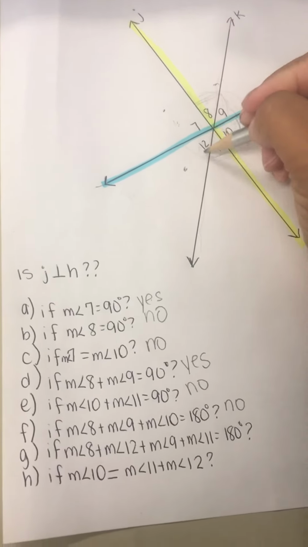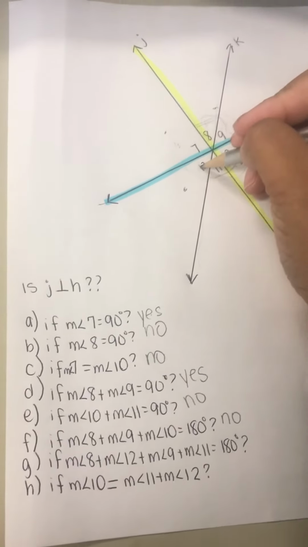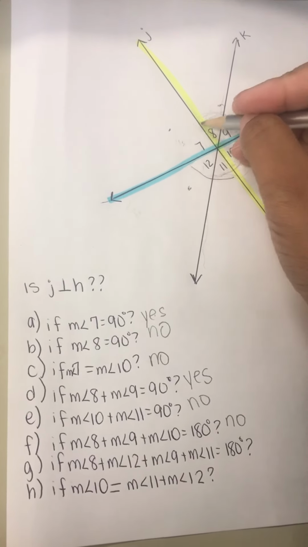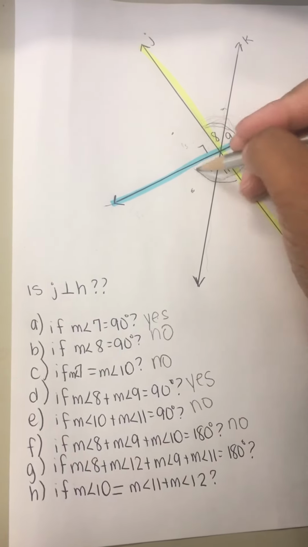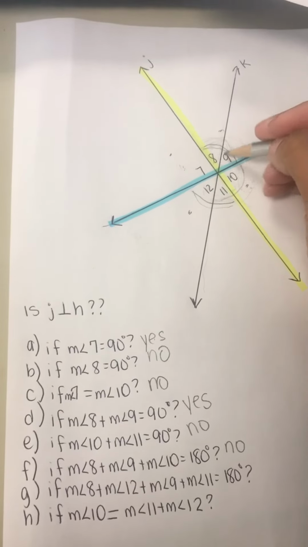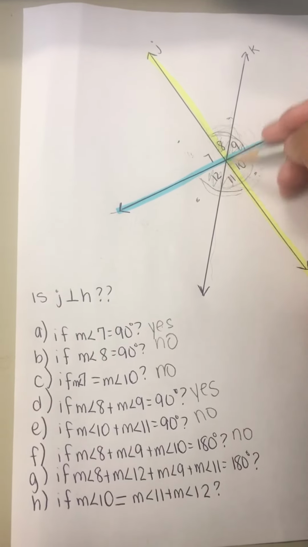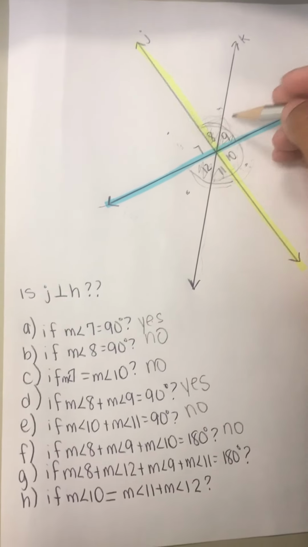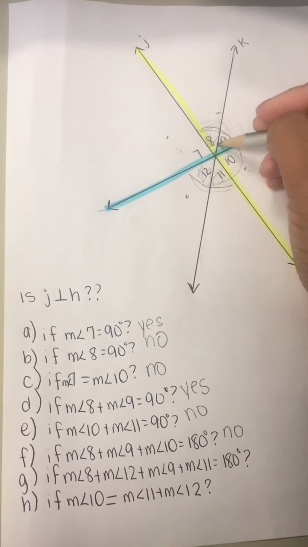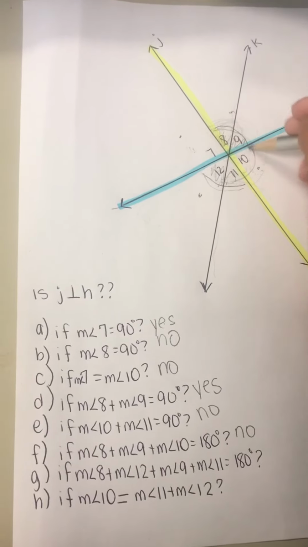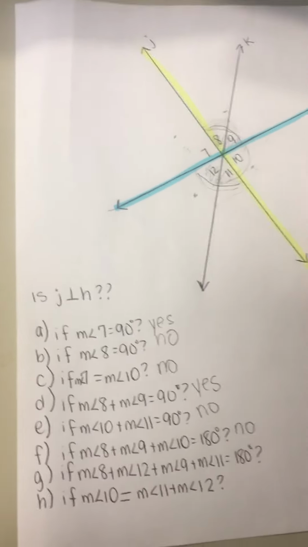If 8 plus 12 plus 9 plus 11 was 180, well, that would mean that both of these corners added together would be 180. Since this corner and this corner are both equal to each other because they're vertical, the only way they could be equal to each other would be if they were both 90 degrees. So that would make this corner 90 and this corner 90.